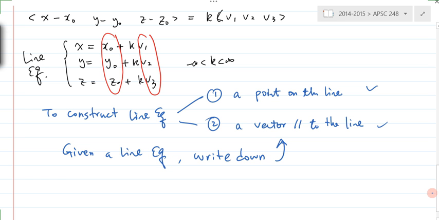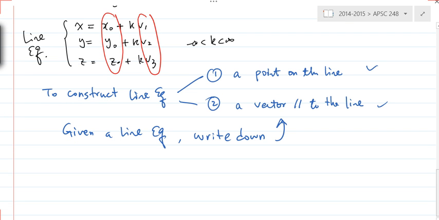Is that good? Okay. So if you do not like writing three equations, then we have a slightly better way to represent this line equation. Alternatively, we can do this. This is x naught, y naught, z naught.